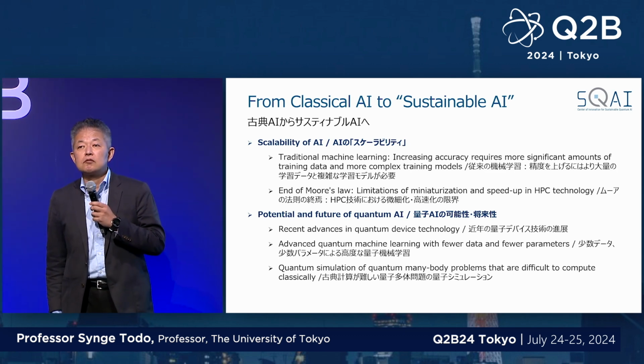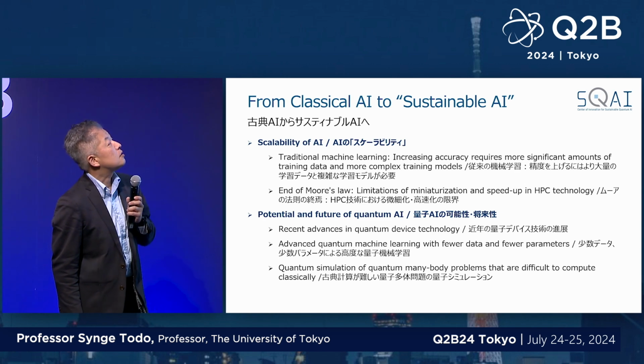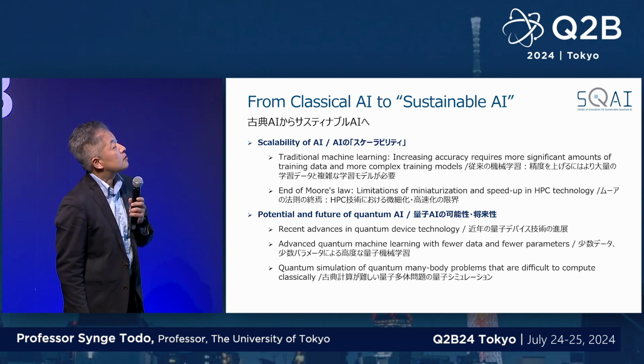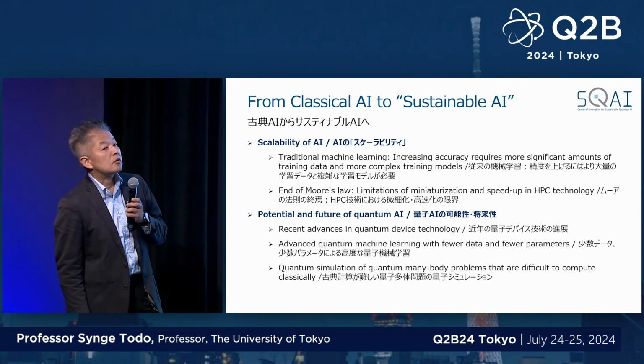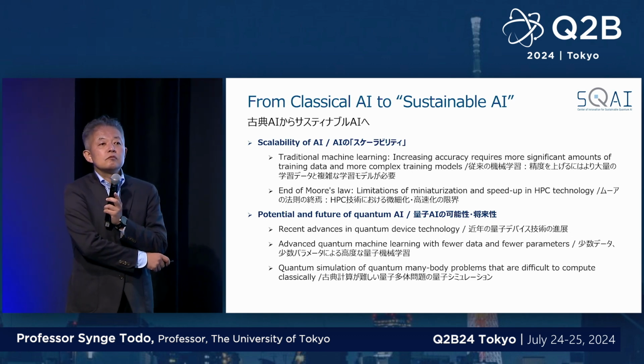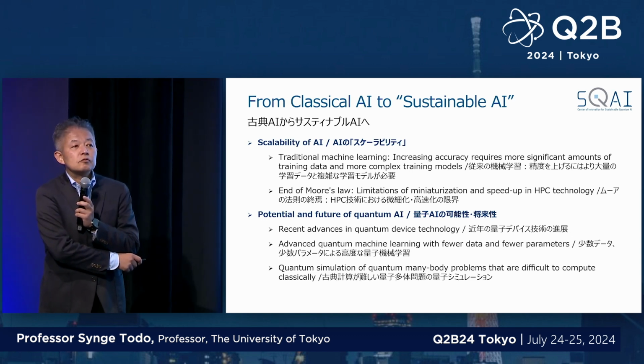So currently, AI is often talked about, but there are problems. One of them is scalability. AI that is used today, or machine learning, in order to increase accuracy, we have to have gigantic amounts of data. And to improve accuracy, we have to have complex models.